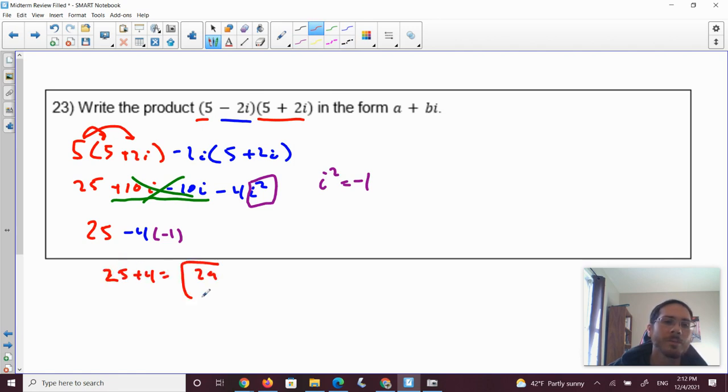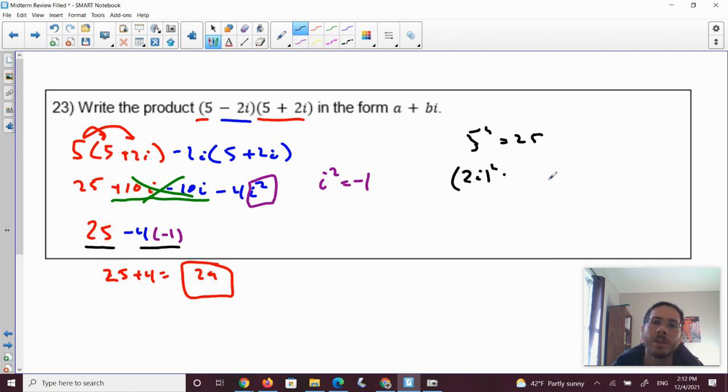And again, we can kind of see here, we had a minus b, a plus b. We got a squared because 5 squared is 25 minus b squared. So we know that 2i squared is negative 4.